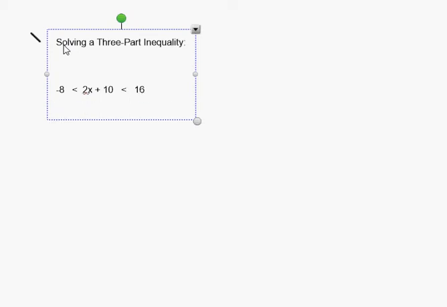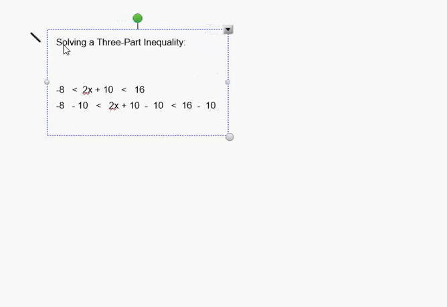To solve this three-part inequality, we want to first get the x term by itself. So what we're going to do is subtract 10 from all three parts of the inequality. Now we're going to simplify and we get negative 18 is less than 2x is less than 6.